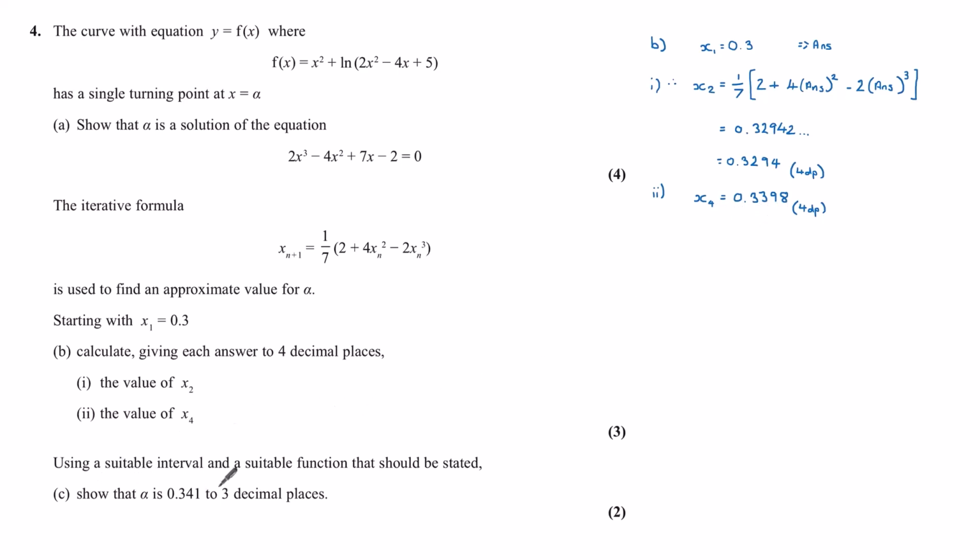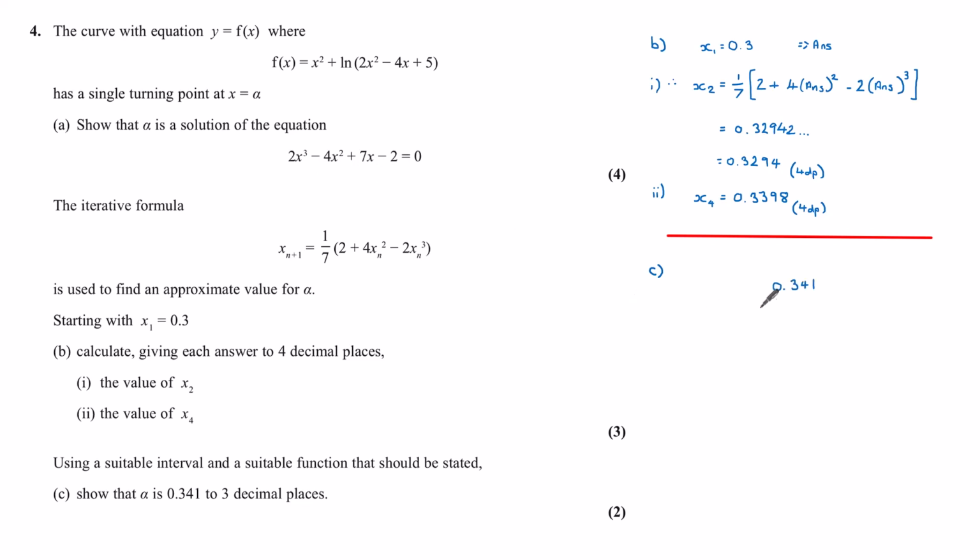Using a suitable interval and a suitable function that should be stated, show that alpha is 0.341 to 3 decimal places. We have already shown alpha to be a solution to this. That means alpha is a root of this equation. Now, given that alpha is a root, that means there is a change in sign in values both before and after alpha.